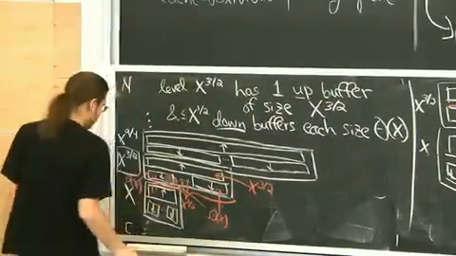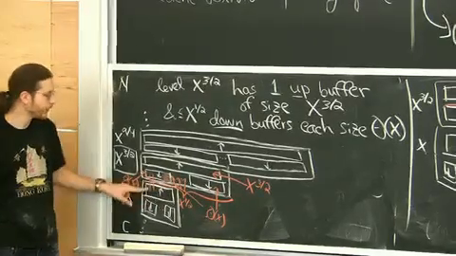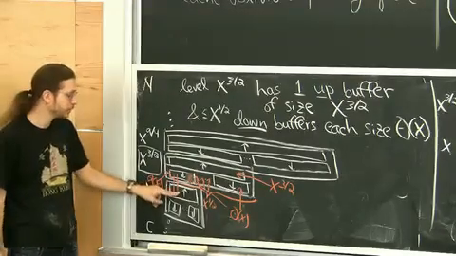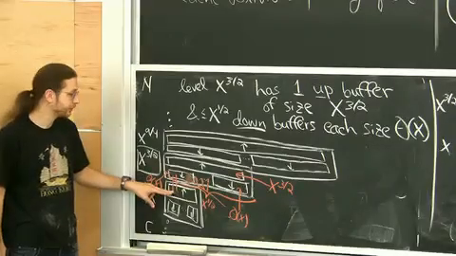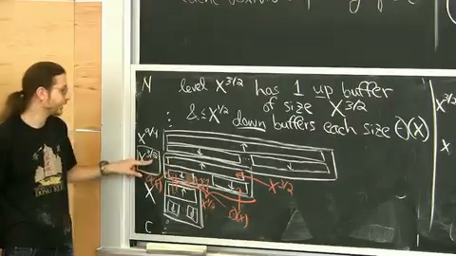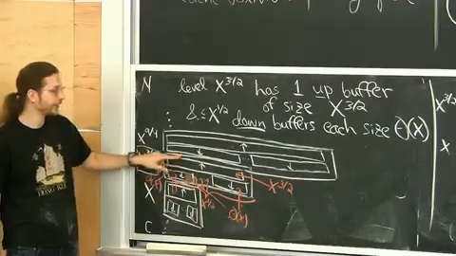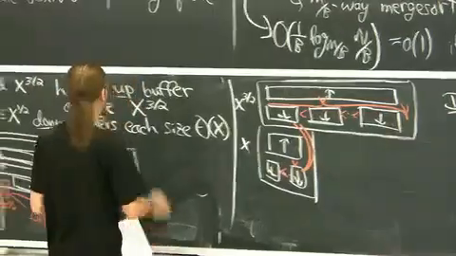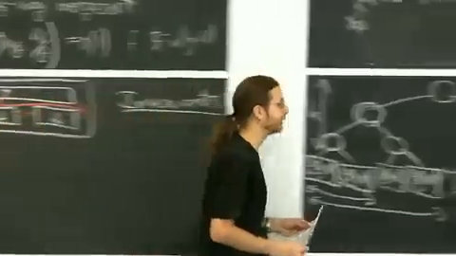So why is that? Check it out. If we're at level X and our up buffer overflows and we're trying to push into the next level, that's level X to the 3/2, then the up buffer that we're trying to push has size X. So the up buffer has the same size as the level name. So if we're at level X, this has size X. We're trying to push X items up into the next thing.